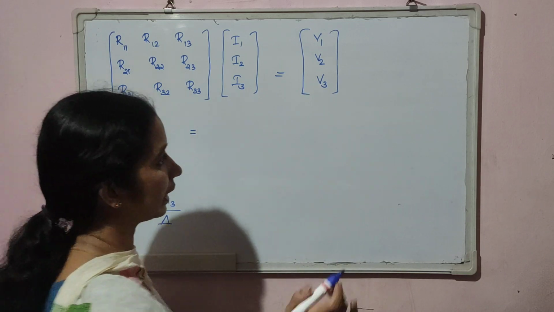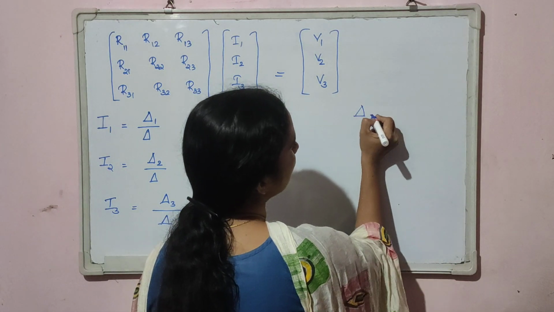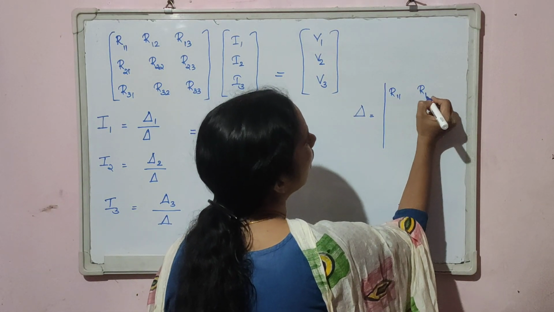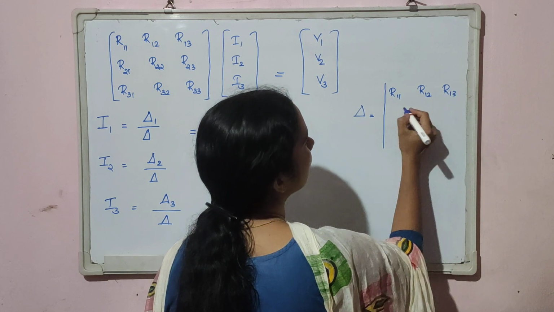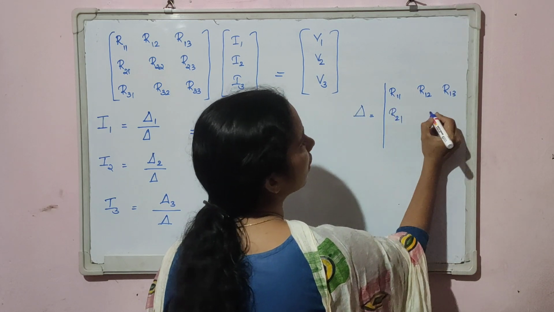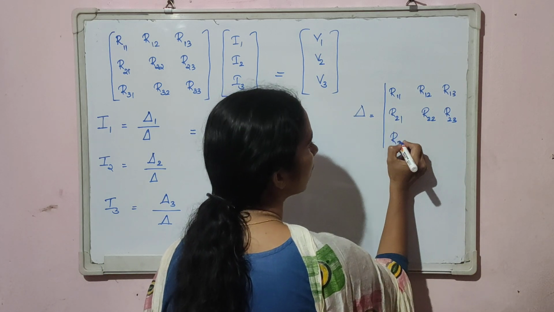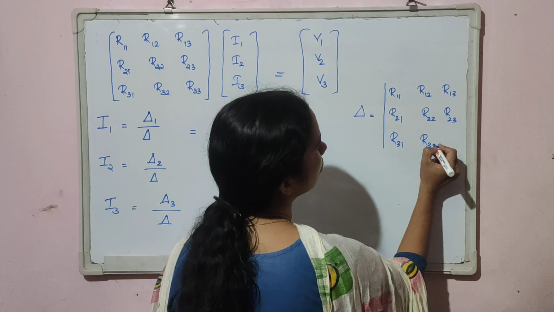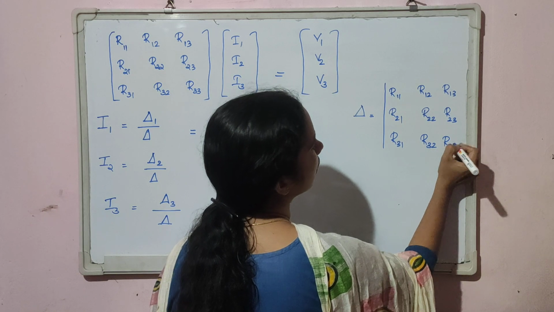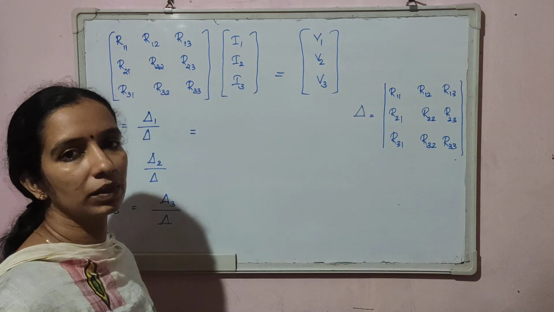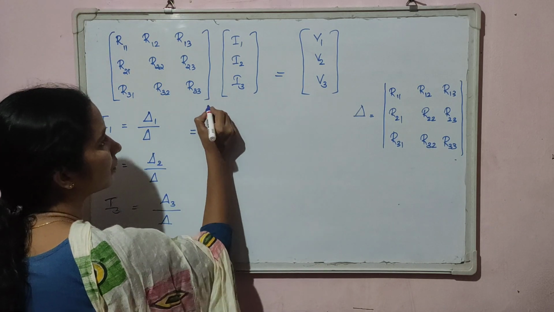So we know what delta is now. Delta is the determinant of our resistance matrix R11, R12, R13, R21, R22, R23, R31, R32 and R33. Now what is delta 1?